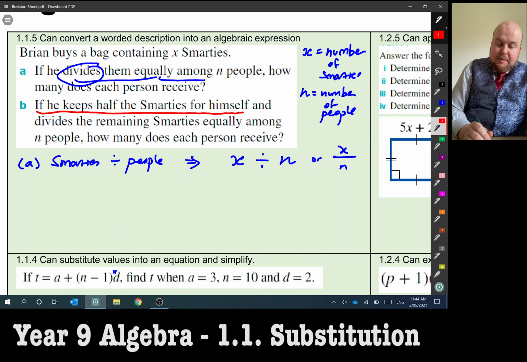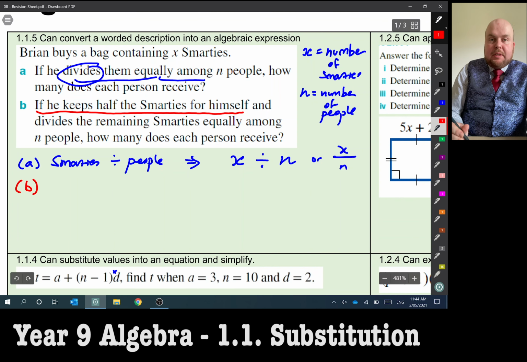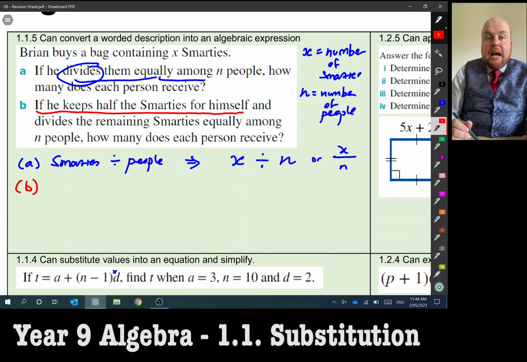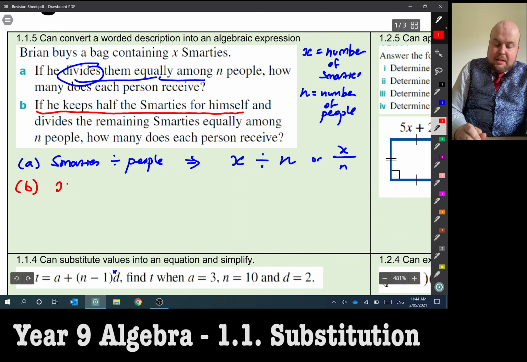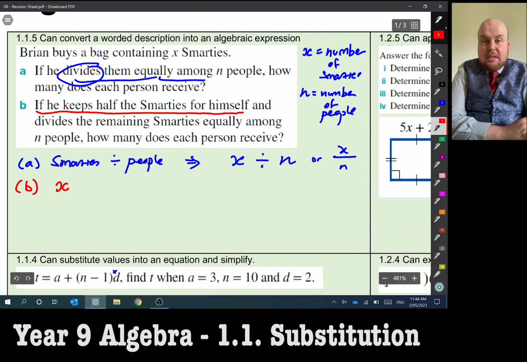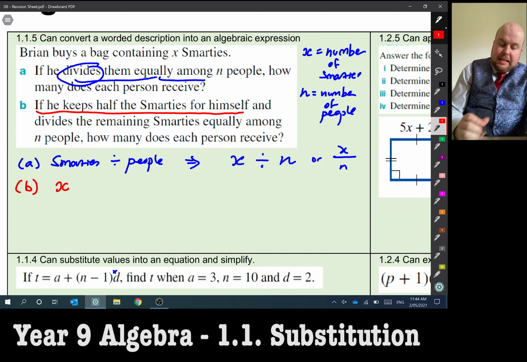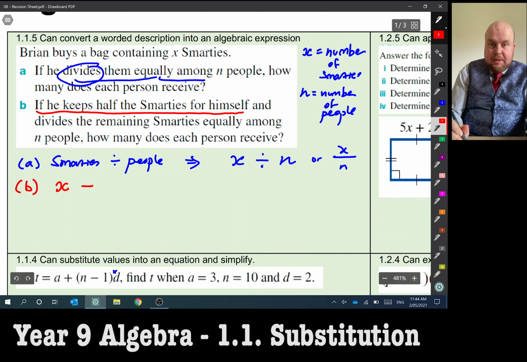So in the first part of this scenario, he's taken away half of the Smarties. So he's taken the full number of Smarties, which is an X number of Smarties. He's taking away half of them. So that would be X over 2.